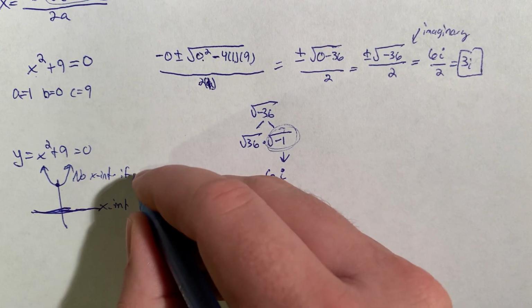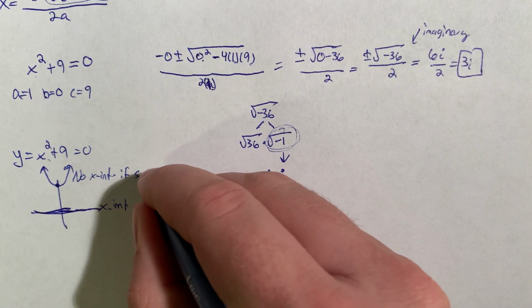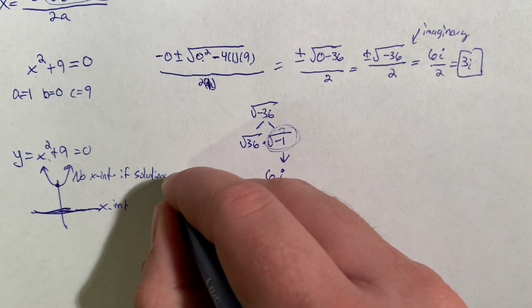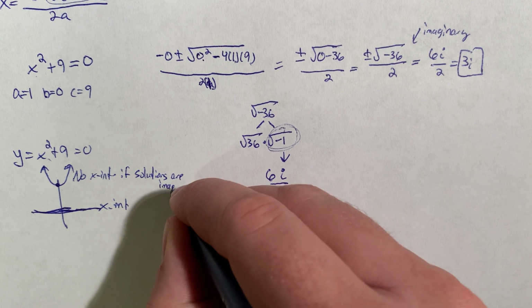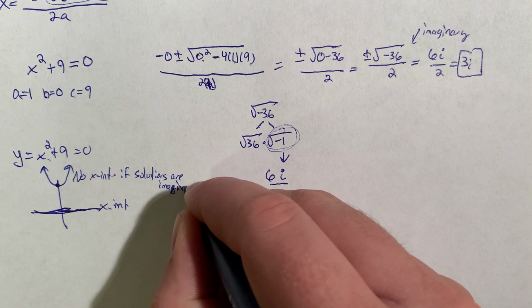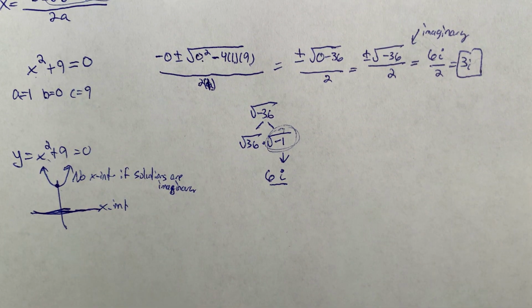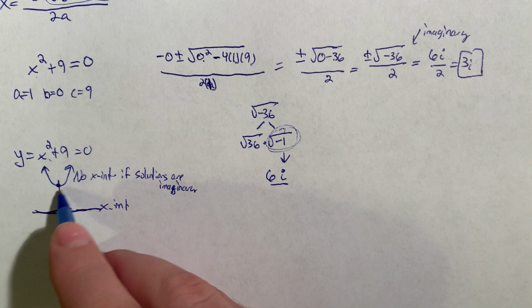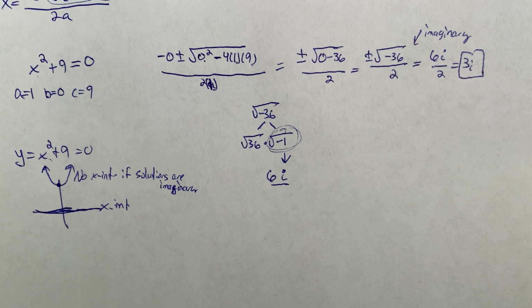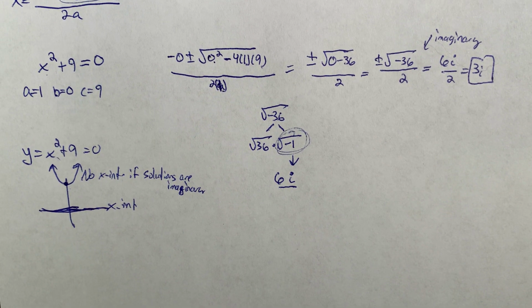The solutions where it's equal to 0 are imaginary. That kind of makes sense. There are no real solutions because the quadratic is never crossing the x-axis, and when we try to solve this equation, it's never true.